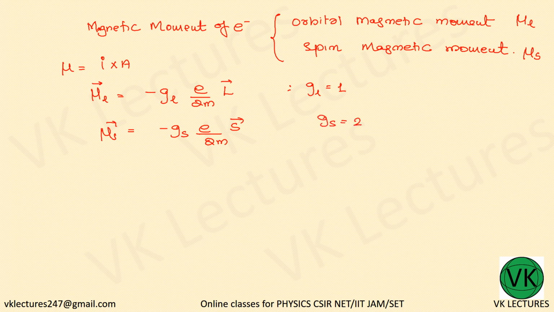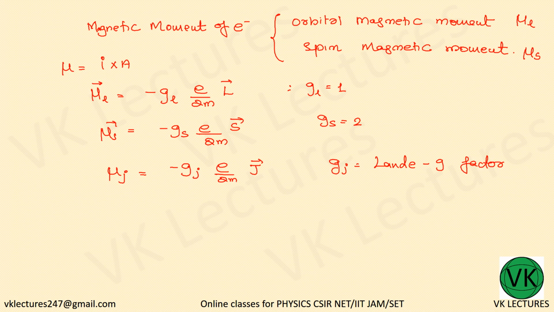And similarly mu J, the total magnetic moment, is equal to minus gJ e by 2m into J, and gJ is the Landé g factor for the total magnetic moment.